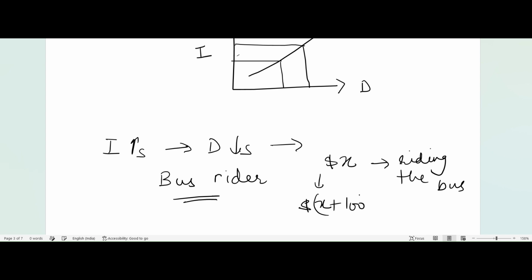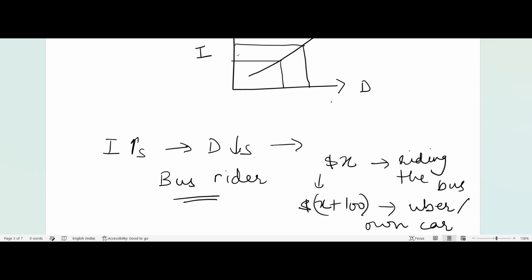Now since my income has gone up, instead of riding the bus, I might now take Uber. Or if my income really increases, then I might have my own car also. I might buy my own car as well.